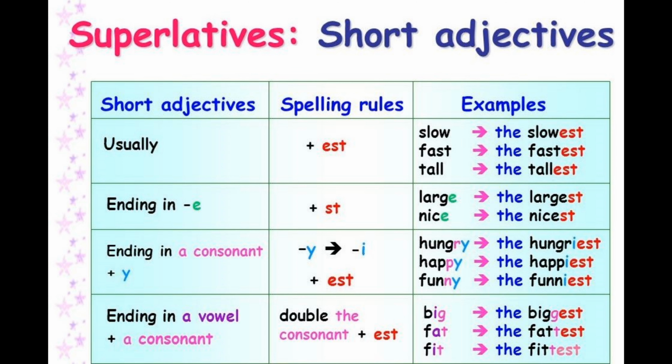So the difference between comparative and superlative. Comparative means we compare two people or two things together. Superlative means we compare one person to a group of people.